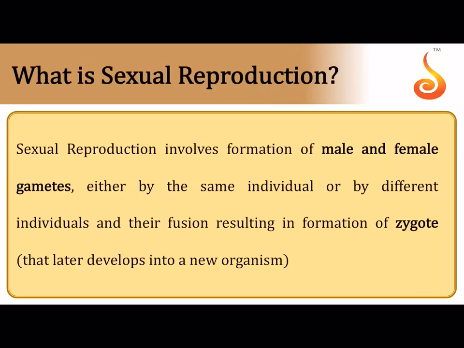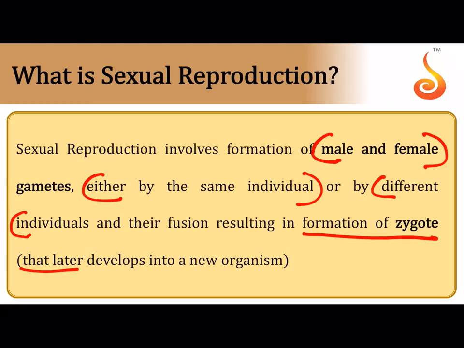Okay. Now, moving on to sexual reproduction, as you are aware, it involves male and female gametes produced either by the same individual or different individuals, and there is formation of zygote. Again, they will ask this as a 1 mark definition question.